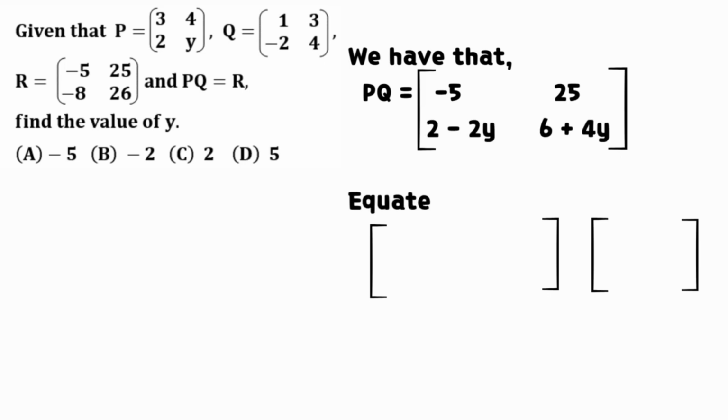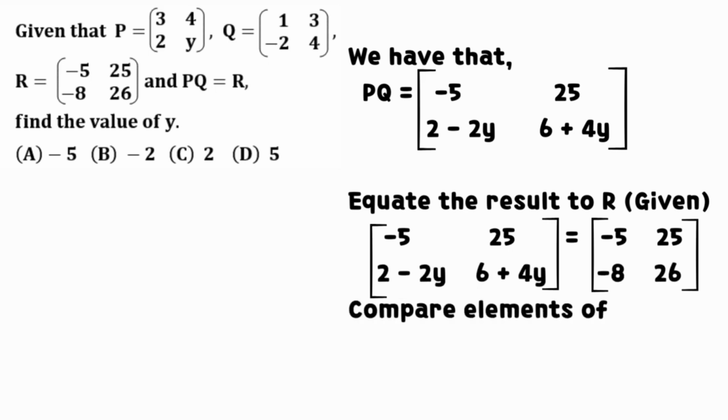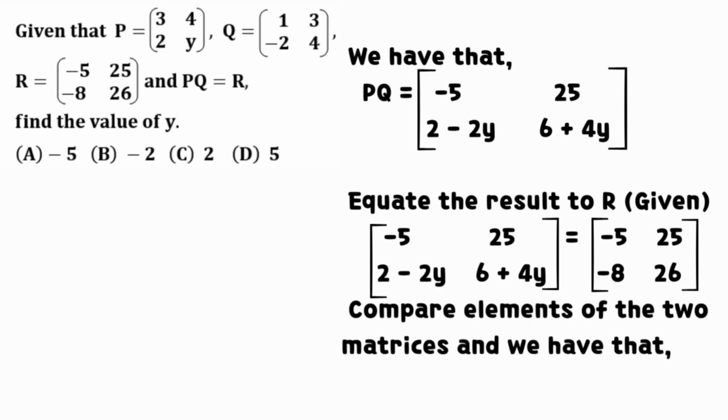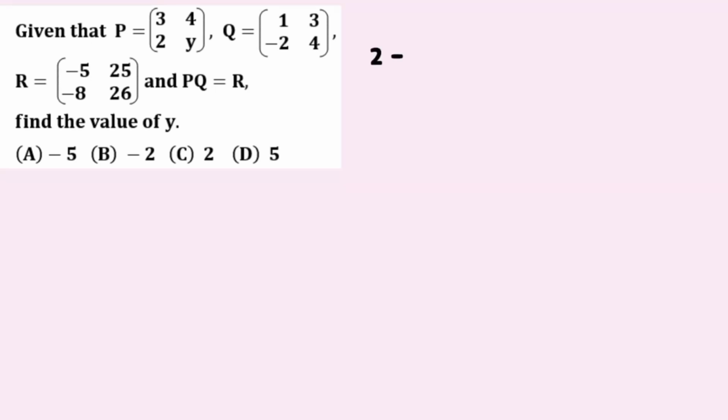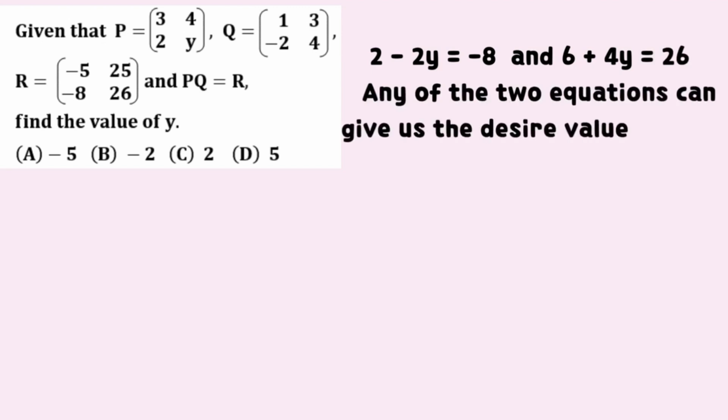Now that we have the value of the product of matrices P and Q, equate the result to R, which is already given as shown on the screen, and compare elements of the two matrices. For 2 minus 2 times y equals -8, and for the sum of 6 and 4 times y equals 26.